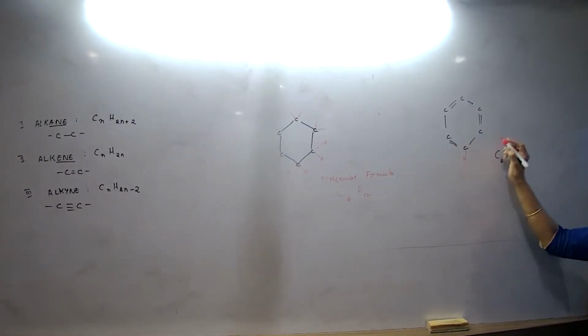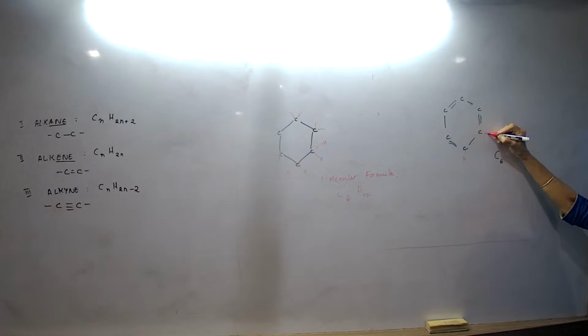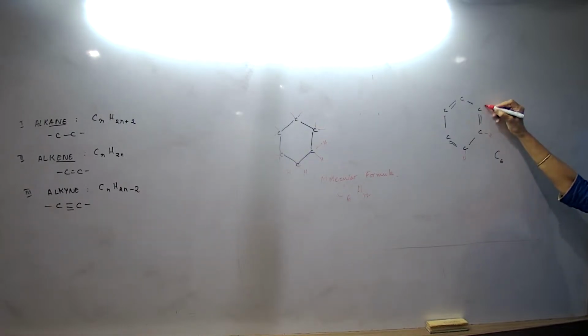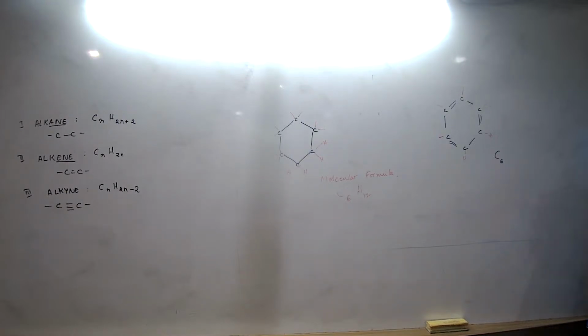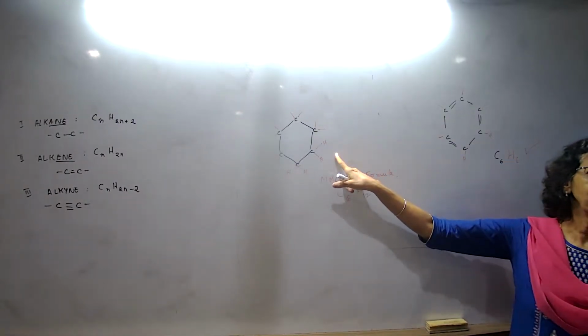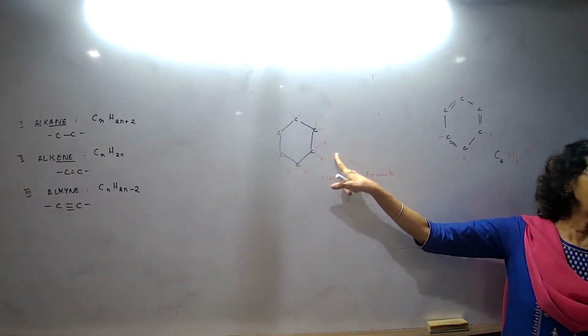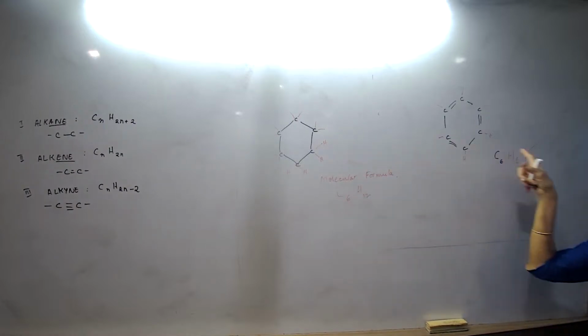I have to put one more. Here 1, 2, 3, done. 1. Here 1. Okay. What will the formula be? C6H6. Okay. Is this the same structure as this? You can immediately make out that it is different. Structure is different. Formula is different.